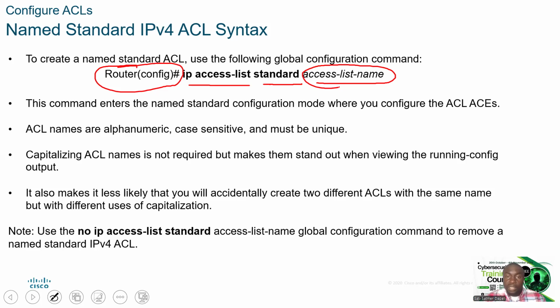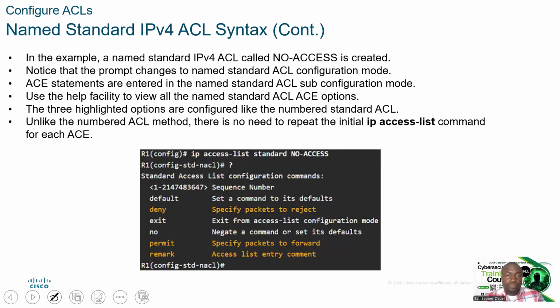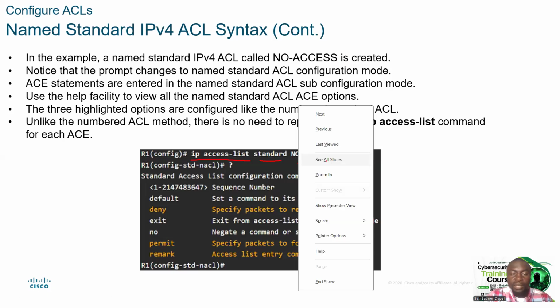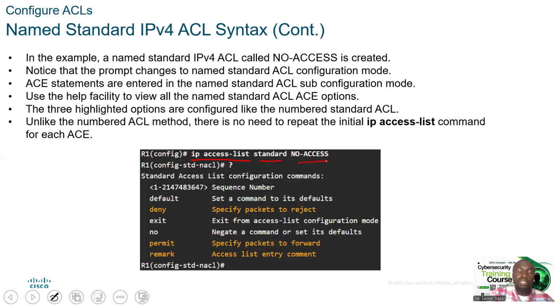We have said that. So this is an example of the named access list. You say ip access-list standard, and then you give the name. Now, the beauty of the router is that it can help you in case you forgot.